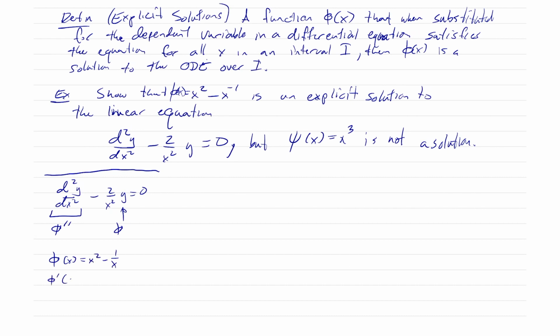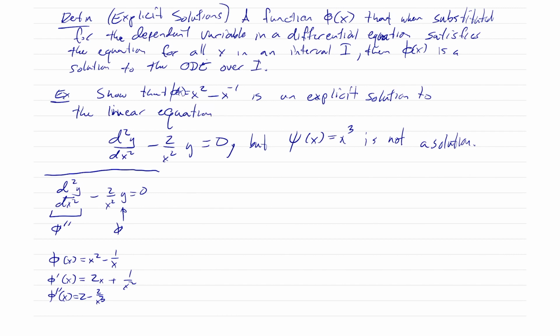That means that phi prime of x is going to be 2x minus 1 over x squared, and then kicking out a minus sign. And finally, phi double prime of x is equal to 2 plus minus 2 over x cubed. And again, this is just using the power rule. That is a 3 in the exponent. Let's say it is. Okay, now let's go ahead and throw these two guys into our differential equation.